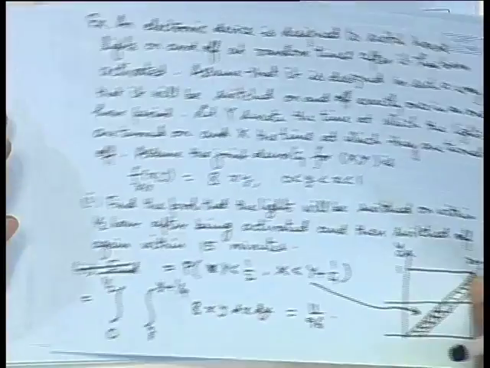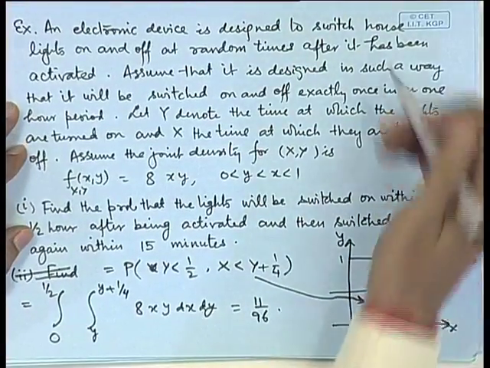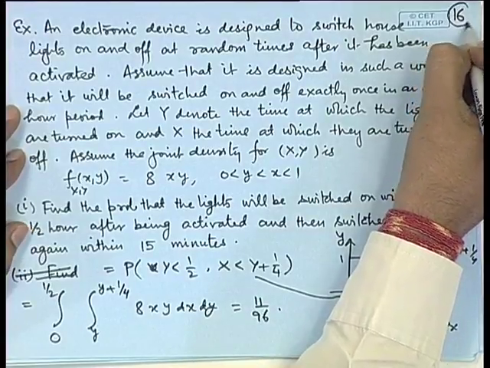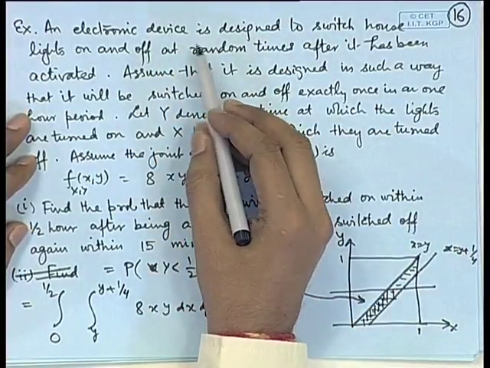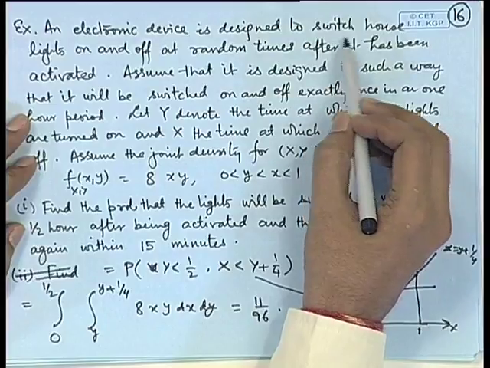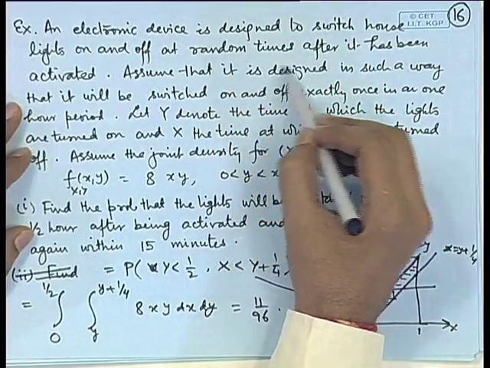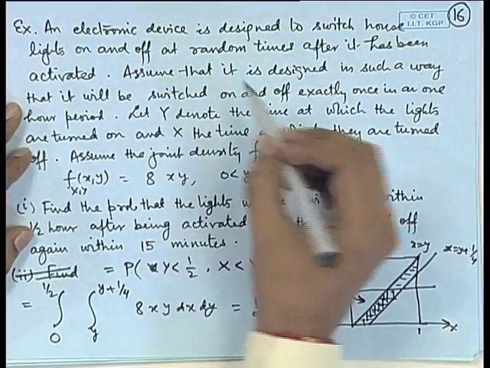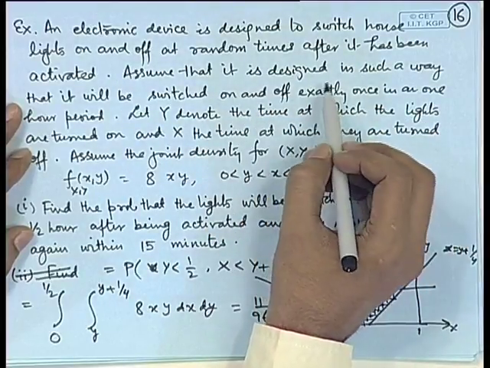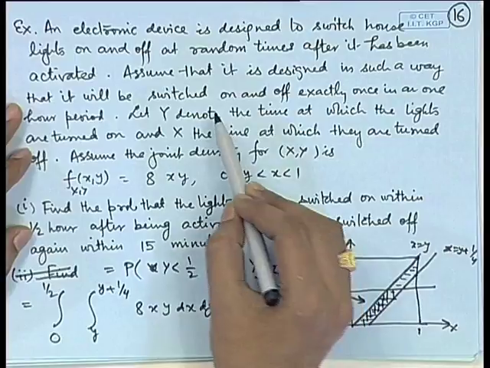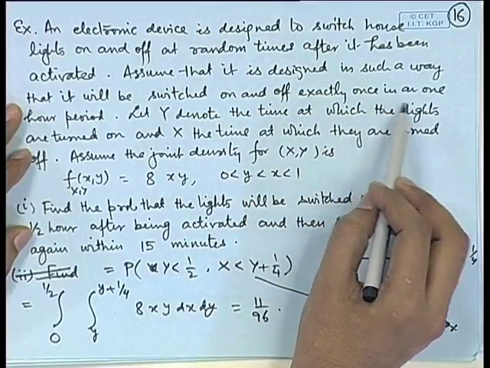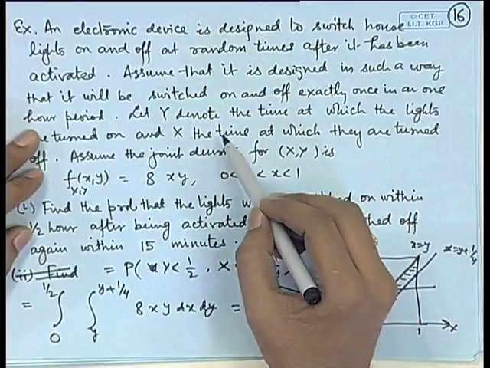Let us look at one more application of bivariate distributions. Consider an electronic device. It is designed in such a way that it switches house lights on or off at random times after it has been activated. Assume that it will be switched on and off exactly once in a 1 hour period.